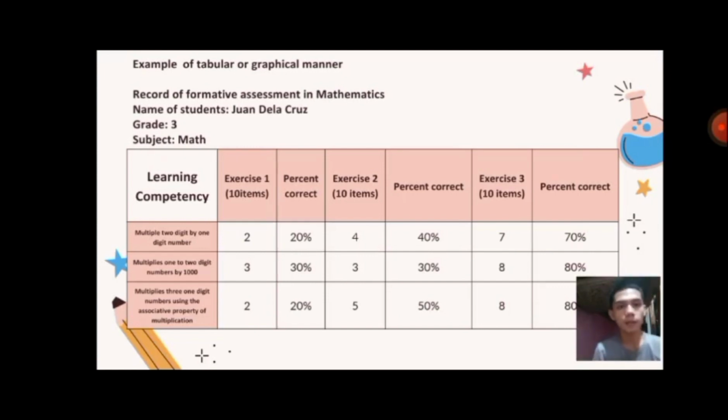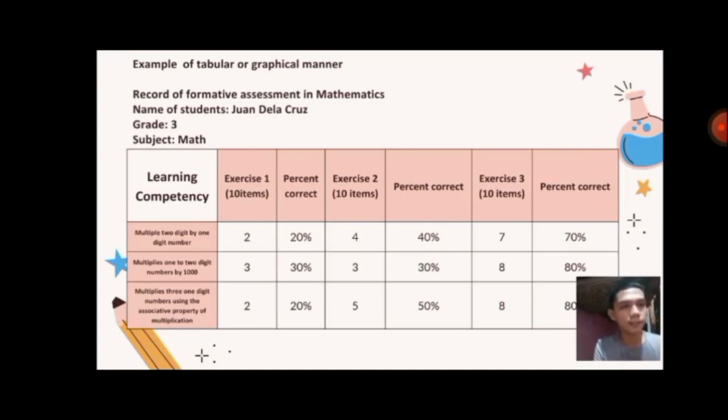So he gets 2 correct answers out of 10 items, which is equivalent to 20% on the first exercise, and 10 items is equivalent to 100%. And then he gets 4 correct answers, which is considered 40%.